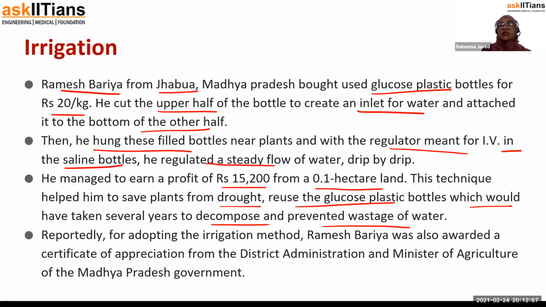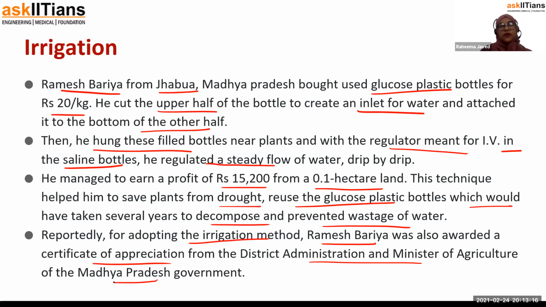So he is recycling, and he is also preventing the wastage of water. For adopting this irrigation method, Ramesh Baria was also awarded a certificate of appreciation from the district administration and the Minister of Agriculture of Madhya Pradesh.